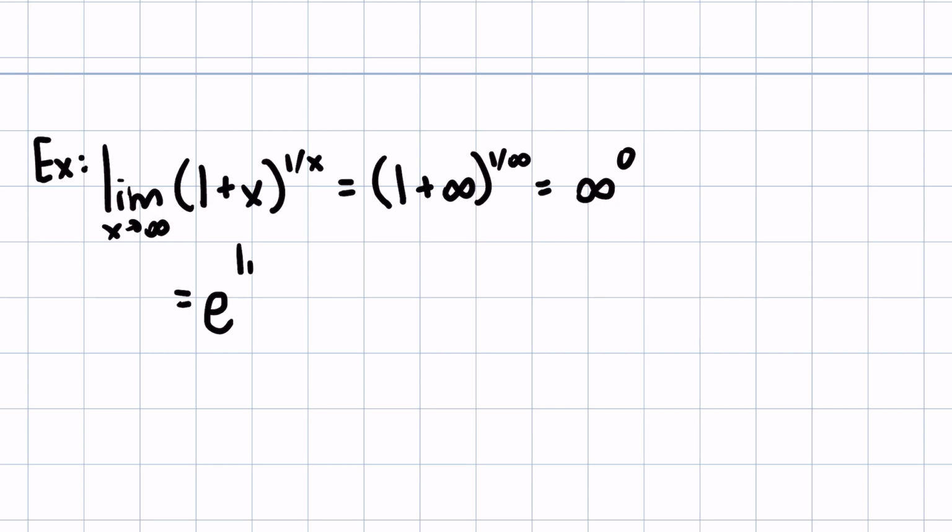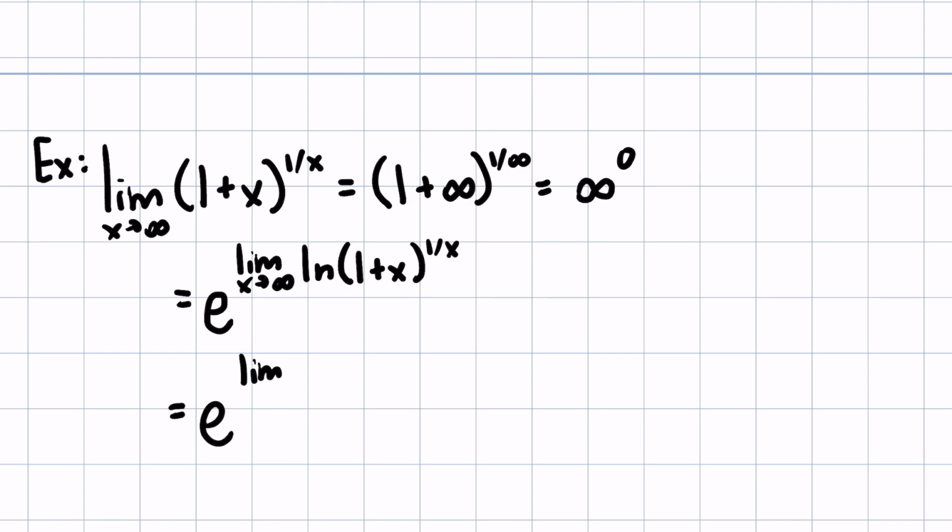So we are going to e it, and then we have the limit as x approaches infinity of the natural log of 1 plus x to the 1 over x power. Now what we can do is take down the 1 over x.